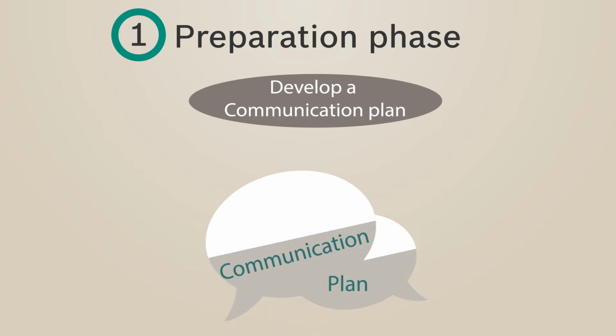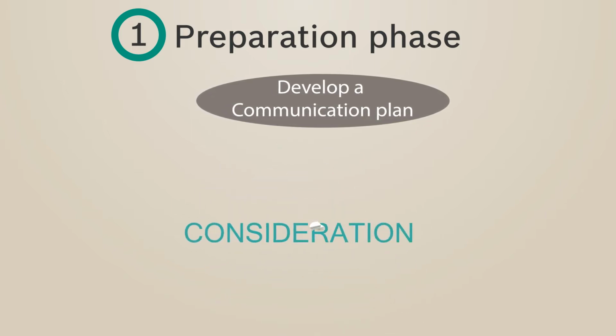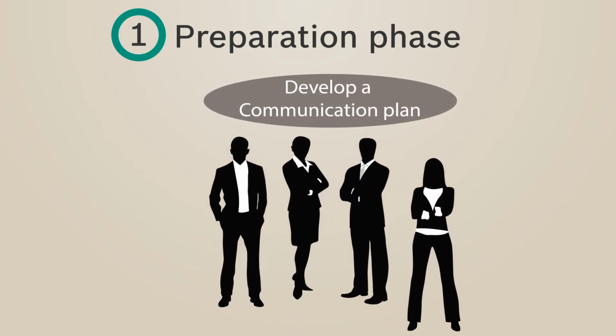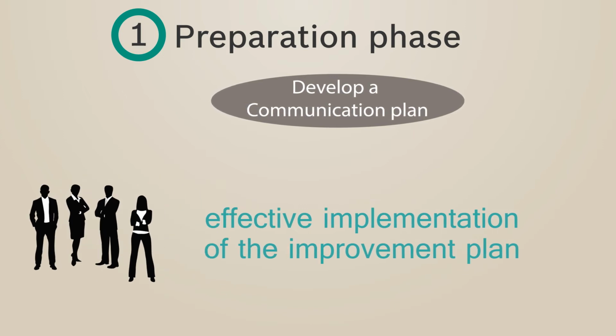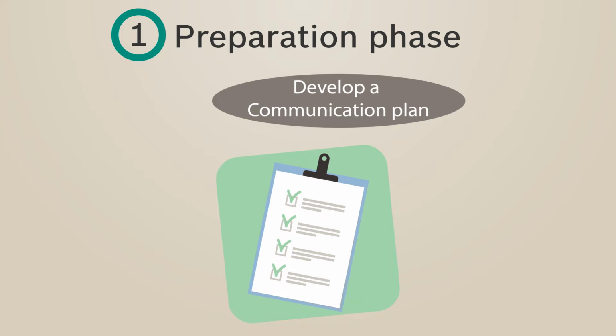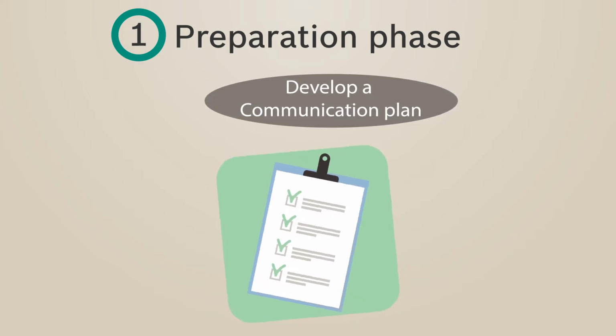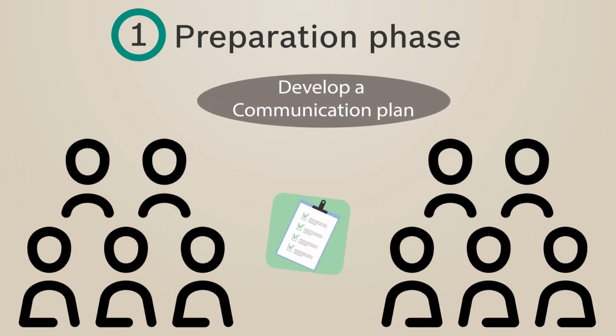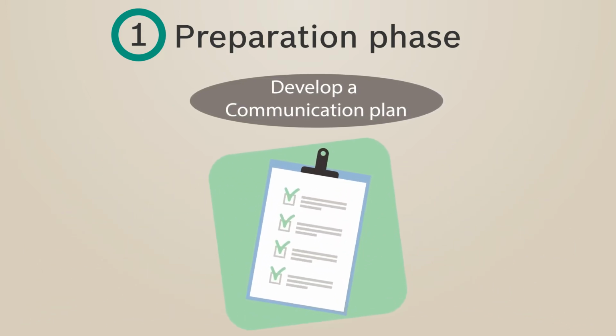Lastly, you develop a communication plan that takes into consideration the critical role players that will influence the effective implementation of the improvement plan. How feedback on the annual performance results will look will also have to be outlined in the plan for all employees to take responsibility of the results.